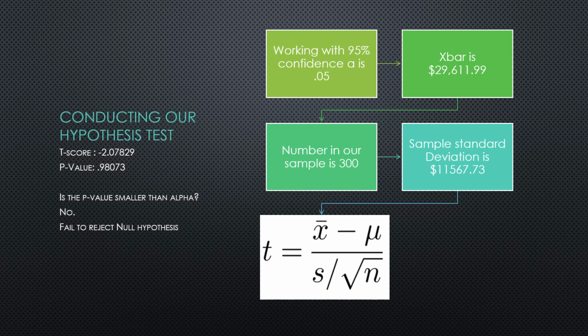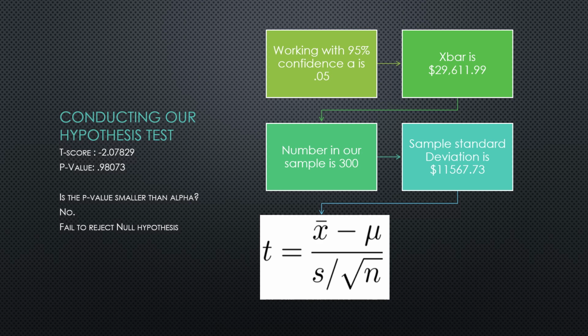We typed in negative 2.0829, and we saw everything to the right of it, and that is 0.98073. I know that's a lot to take in.